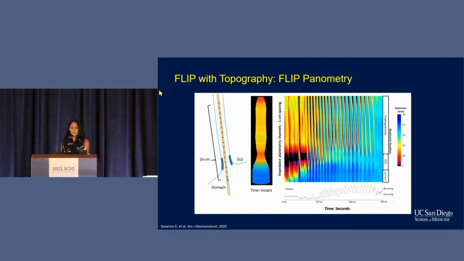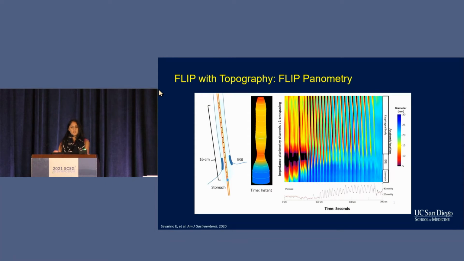What you're seeing here is the esophagogastric junction. You see as the balloon is filled, the black turns into green and blue. The warmer black colors represent a small diameter. The green-blue colors represent a larger diameter. So as that balloon is filled, the EGJ is opening.